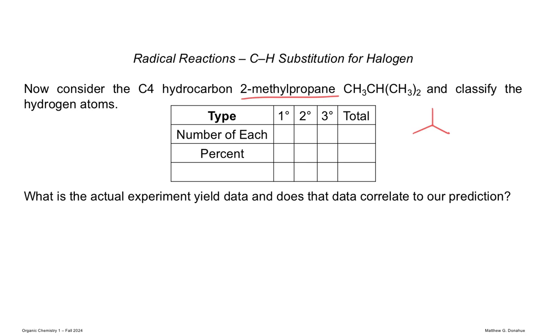We have 9 primary, 0 secondary, 1 tertiary, for a total of 10. So in theory, we would expect the substitution products to be 90%, 10%.